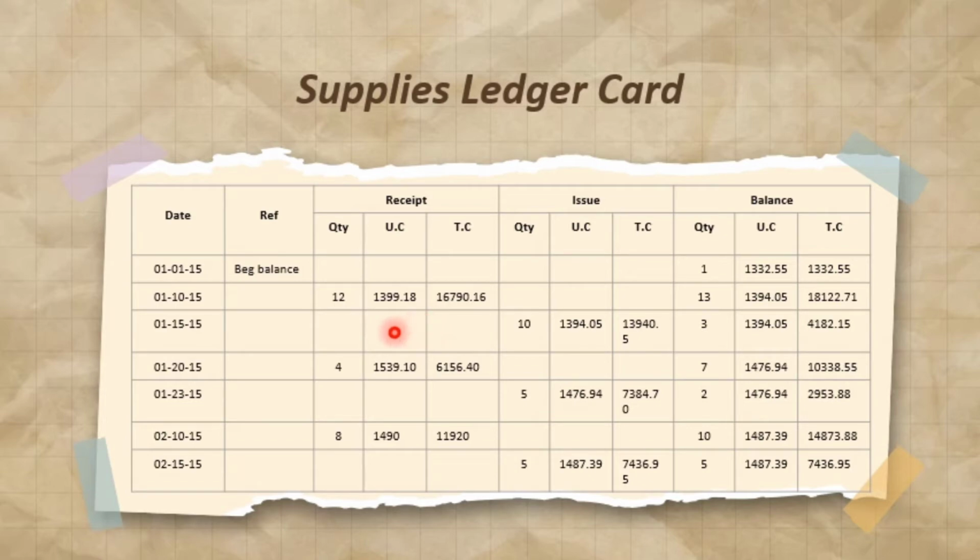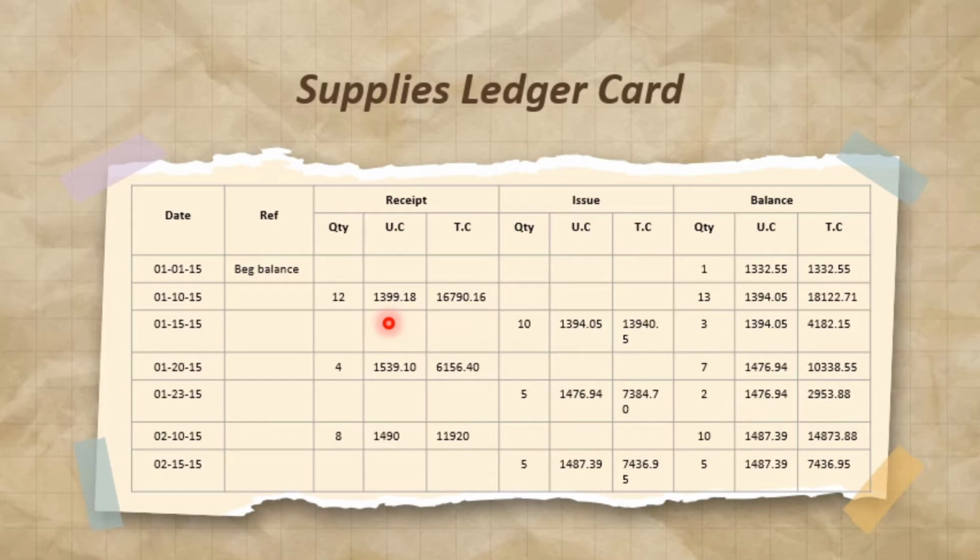So kung ating papansinin, ang unit cost noong January 1 and yung unit cost natin nung bumili tayo ng inventory is magkaiba. Ito siya, 1,332.55 and 1,399.18.